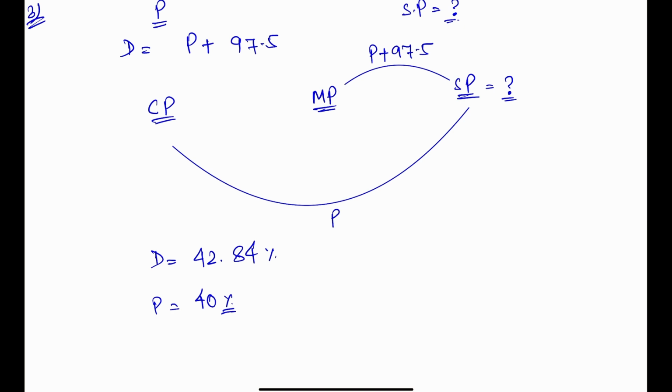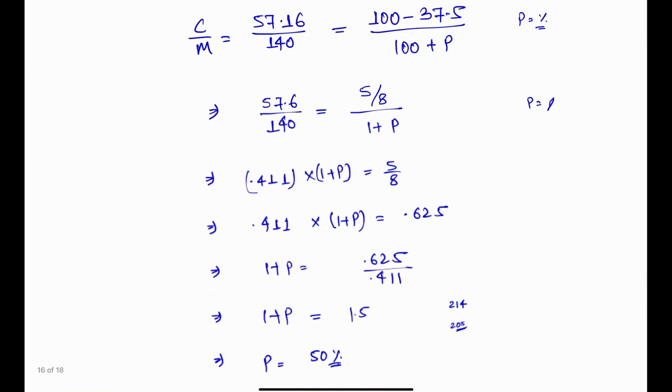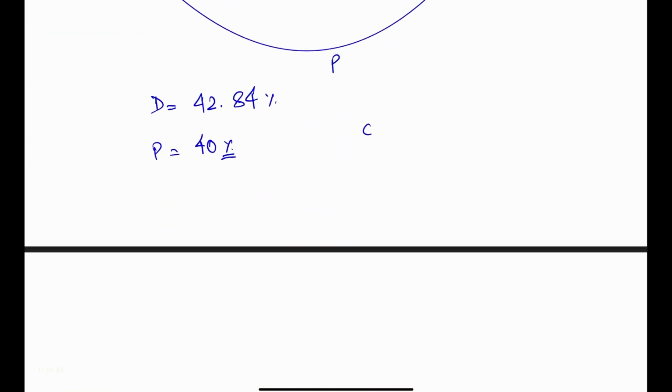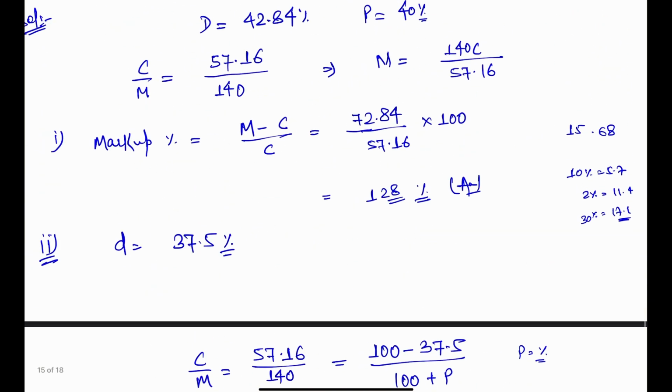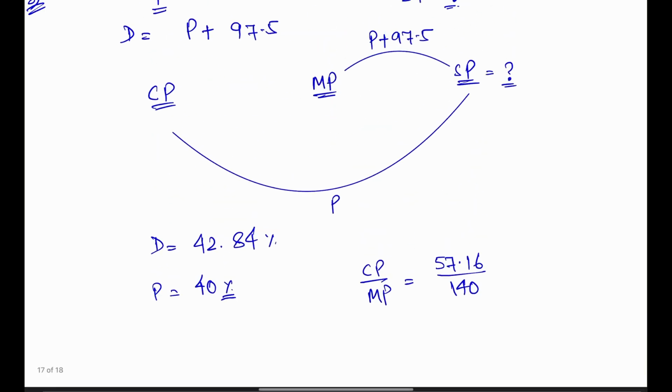So with the help of this, I can find the markup price, right? So my cost price and market price will be in the ratio CP upon MP, 57.16 upon 140. So CP upon MP, the ratio I came out with. If I suppose CP as 57.16, my markup price will be 140.